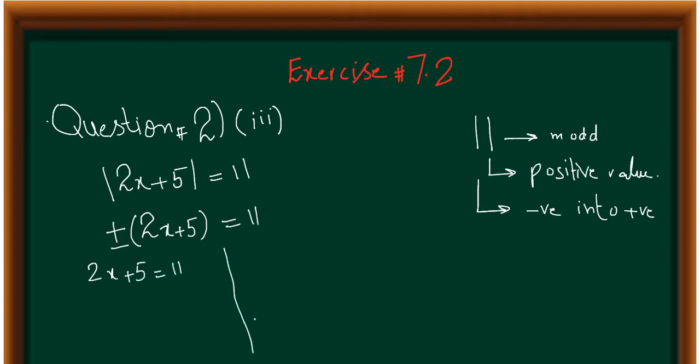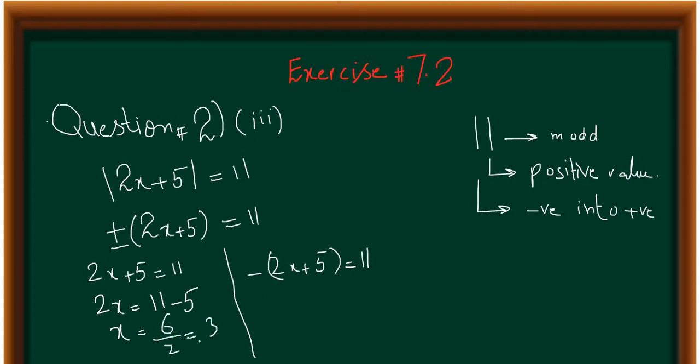One time I write it negative like this, minus of 2x plus 5 is equal to 11. Now from here we can find the value of x. 2x is equal to 11 minus 5, so x is equal to 6 over 2, that is equal to 3.